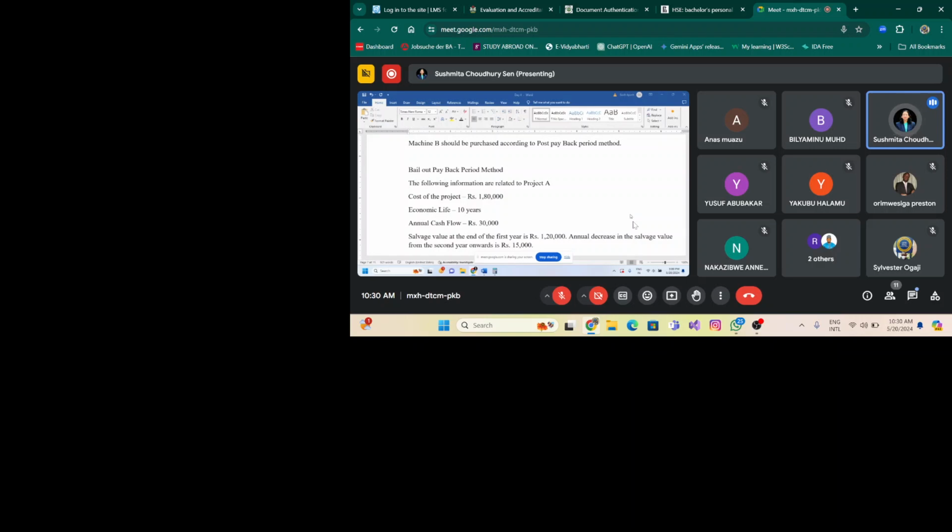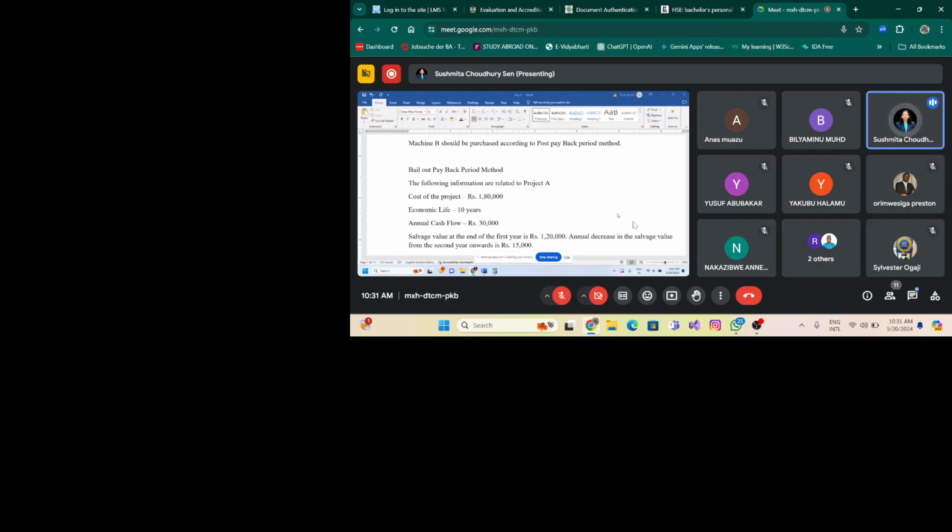The annual cash flow is 30,000, meaning every year you are going to earn 30,000 rupees for 10 years. They are also saying that the salvage value at the end of the first year is 1,20,000. If you sell out the project after 1 year, the value would be 1,20,000. And the annual decrease in the salvage value from the second year onwards is 15,000. From the next year, if you sell the same project, you will get 15,000 less than 1,20,000, and so on.